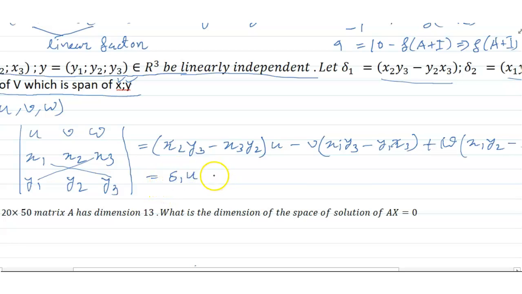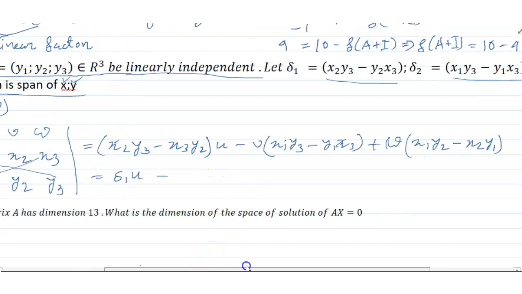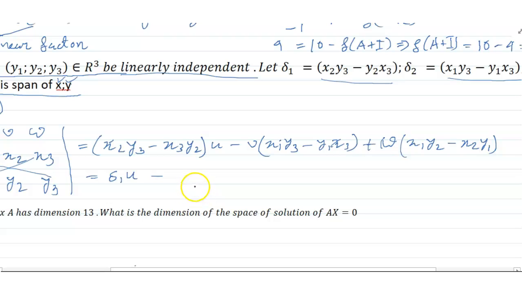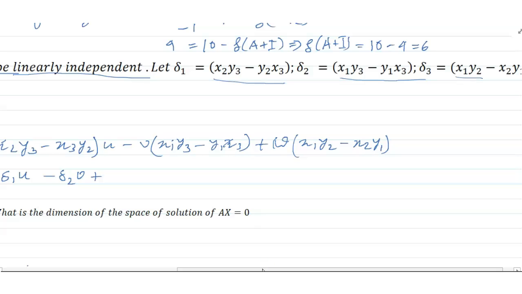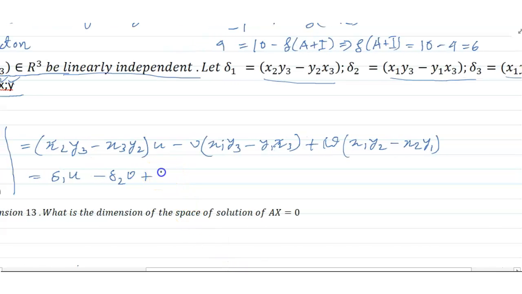Δ1 u minus Δ2 v and Δ3 w. So this is my V. The value of V is V equals (u, v, w) such that Δ1 u minus Δ2 v plus Δ3 w equals 0.